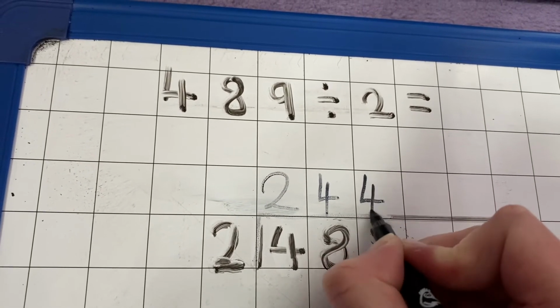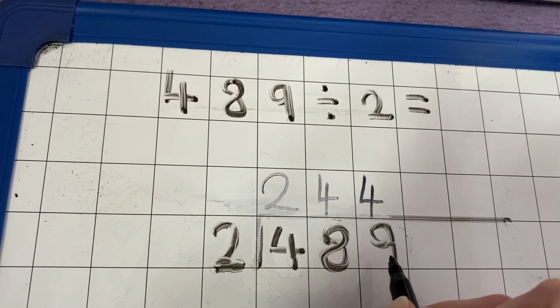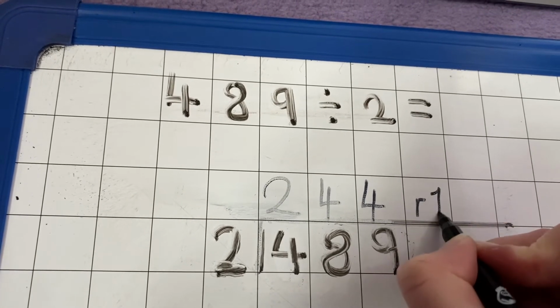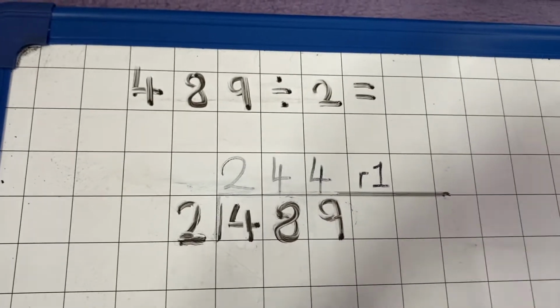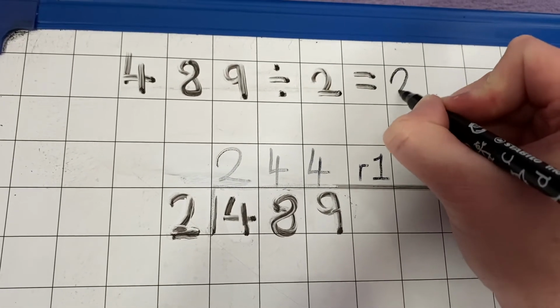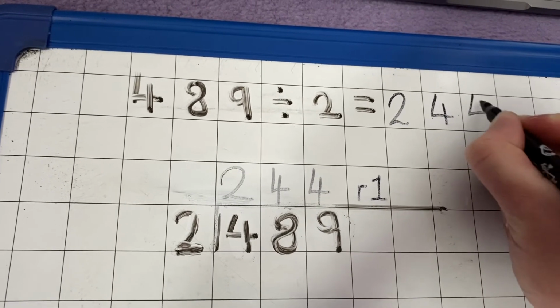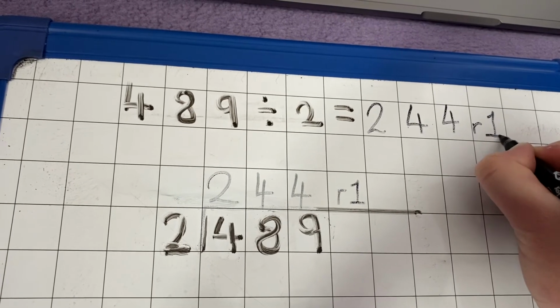But I know that I would have a remainder of 1 because we have 9. So here I would write remainder 1. Therefore, my answer will be 244 remainder 1.